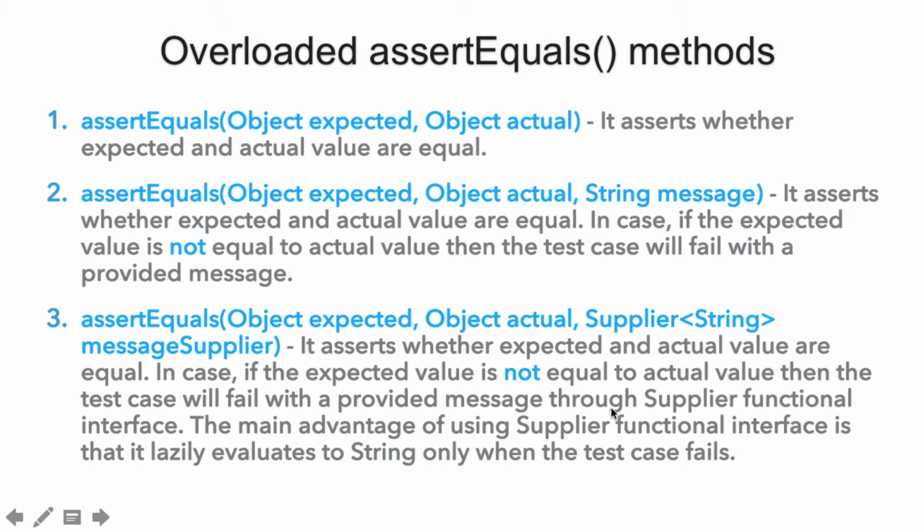So the only advantage of using the Supplier functional interface is that it gets lazily evaluated to a string message only when our test case fails. In the second overloaded assertEquals method, this string message gets evaluated whether our test case fails or passes. So friends, these were the three main overloaded methods of assertEquals.